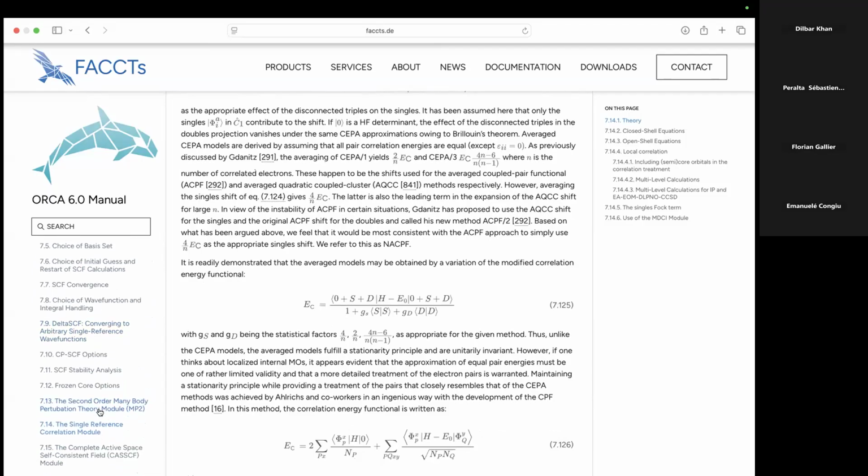Okay. Now, I talked about different methods. There are some questions. Is dispersion required for all types of atoms? Yes, the answer is yes.